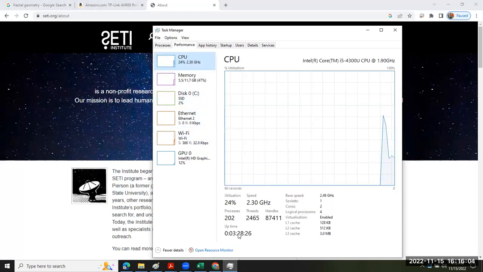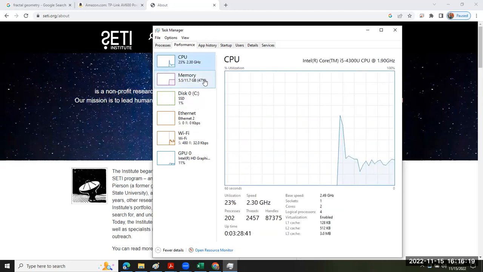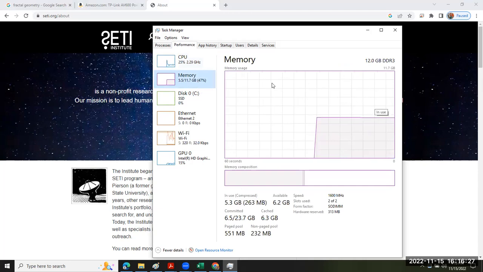Now, what you're seeing here is Task Manager off of the taskbar. If you're not familiar with Task Manager, you can get quick statistics on what your PC is doing. At any given time, your computer has surplus CPU cycles it's not using, and surplus memory it's not using.